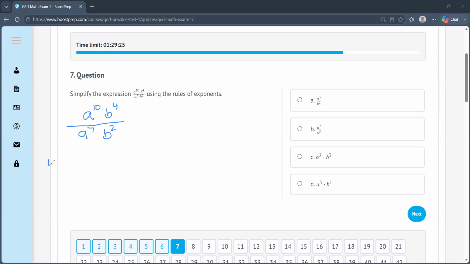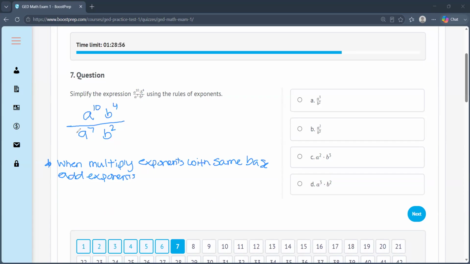One of the rules was when you multiply exponents with the same base, add the exponents.